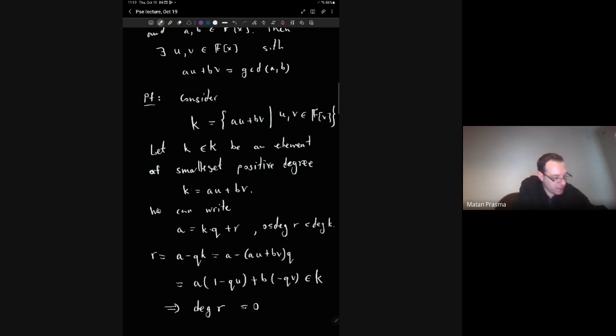So let me take K to be the element of smallest positive degree, or smallest degree, not equal to the zero polynomial.